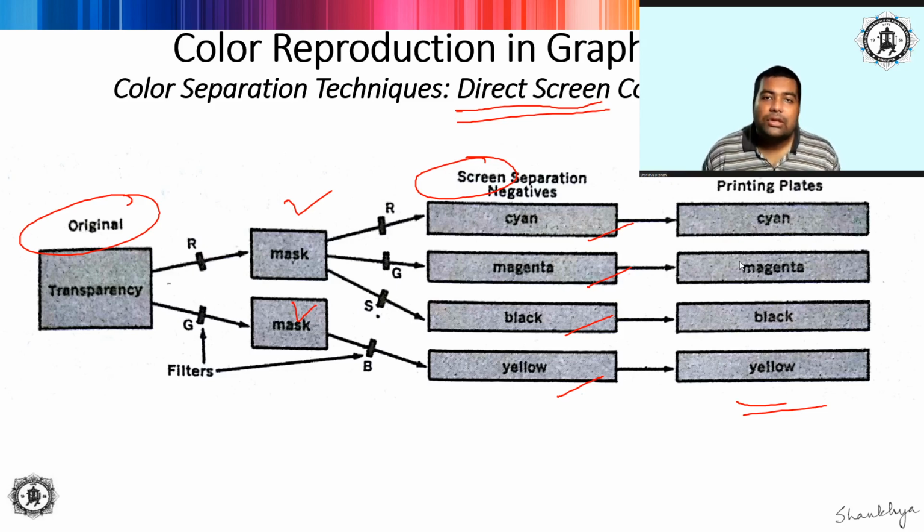First of all, one very important aspect of the direct screen method for color separation is that it is difficult to control accurately. A lith type panchromatic film is used for separation negatives. The high contrast of lith film gives it a high sensitivity to variations in both exposure and development.